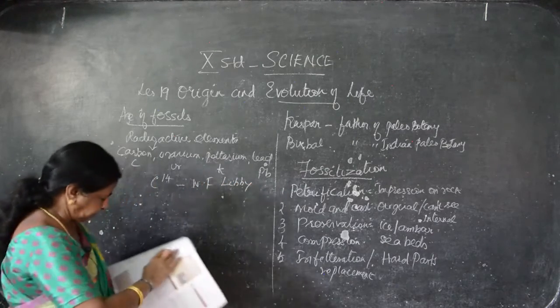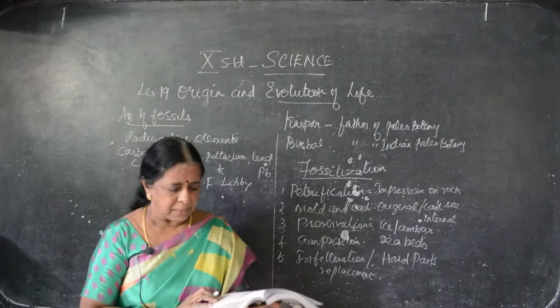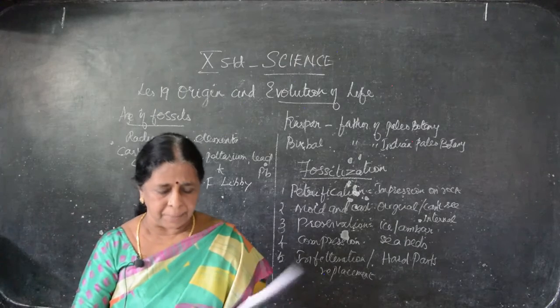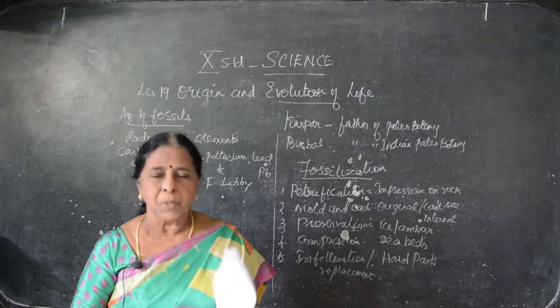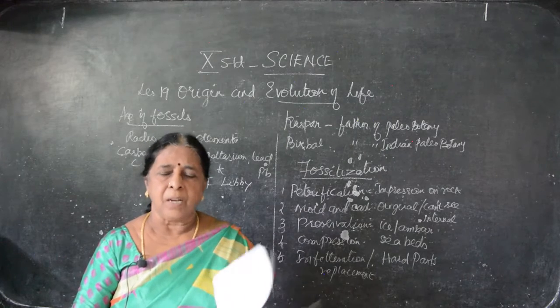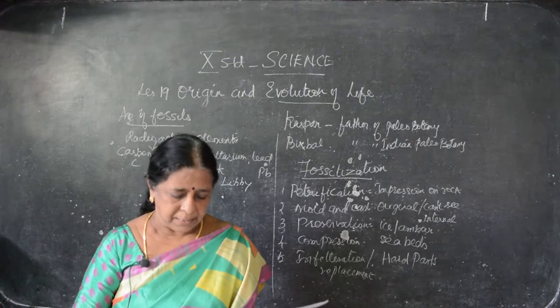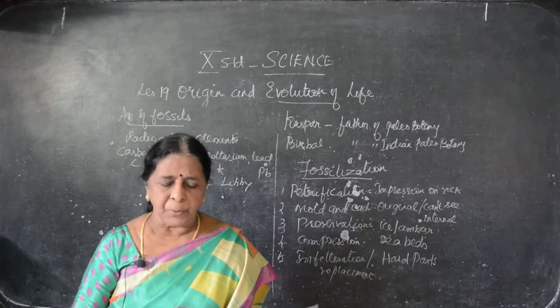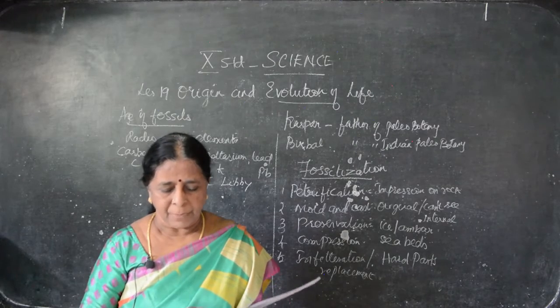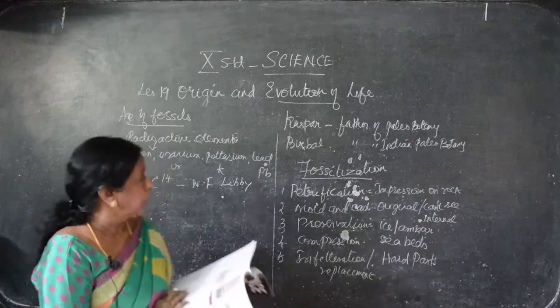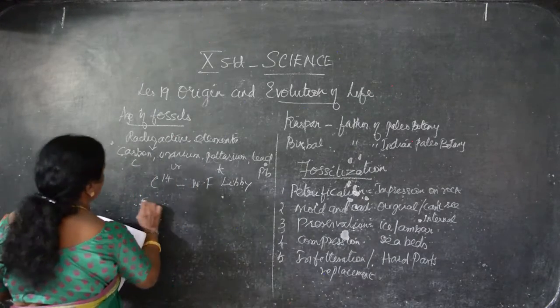Clear? The time passed since the death of a plant or animal can be calculated by measuring the amount of carbon-14 in the body. Now we have to see ethnobotany. Next we have to see ethnobotany.